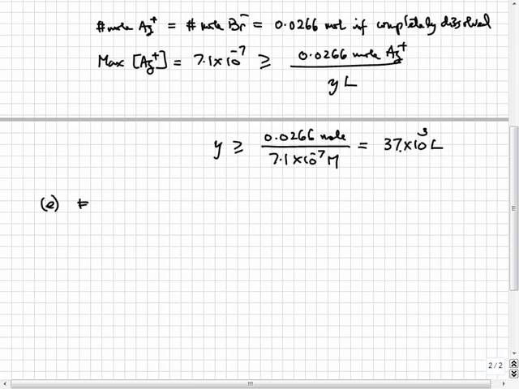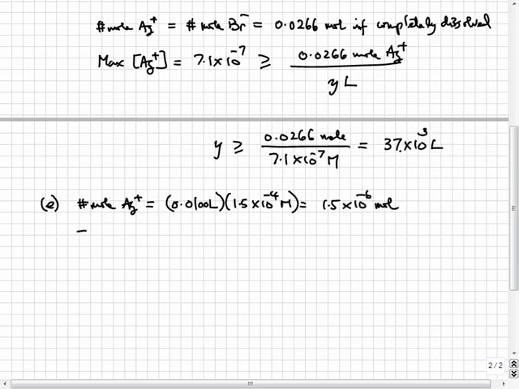E. To determine if a precipitate will form, we compare the value of Q against K. We need the concentrations of Ag+ and Br-, but these are not the same as those given in the problem because the total volume has changed when the solutions are mixed together.